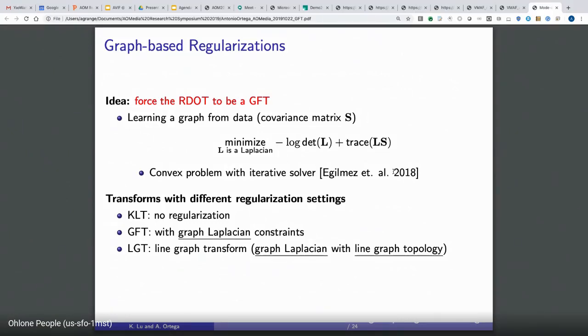We have some work on this that was not specifically for video coding, and so we have three different possibilities. One is no regularization, so whatever the covariance matrix is, that's what we use as eigenvectors. Two is we introduce a graph Laplacian constraint, but no particular structure to the graph. And three, we force the graph to be a line graph. Okay, so sort of like the DCT, ADST, right? So pixel to pixel to pixel, and we only learn the edge weights and the vertex weights on that graph.